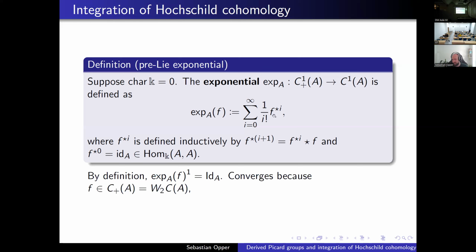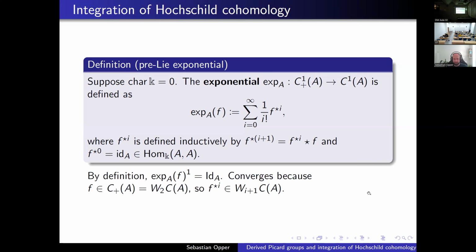The reason this converges is essentially that if you take a function with at least 2 arguments and take its powers, the resulting function will have at least a plus 1 arguments. So in the topology, this gets smaller and smaller, and this is why the sum converges in the topology of the Hochschild complex.